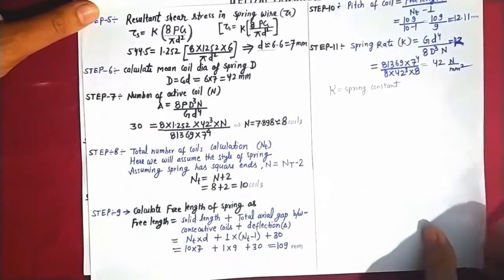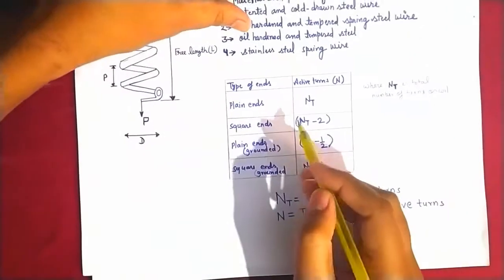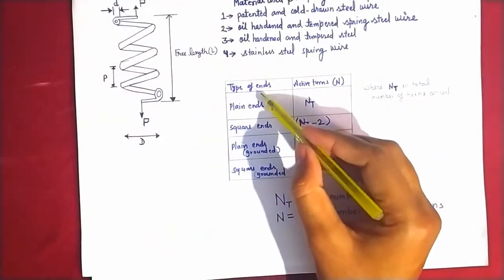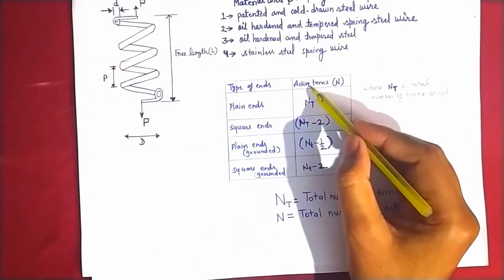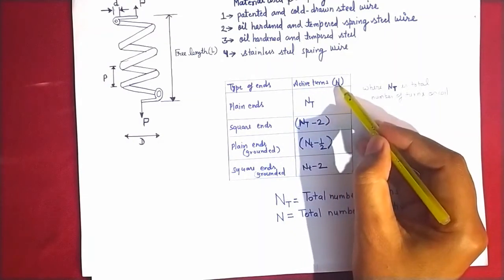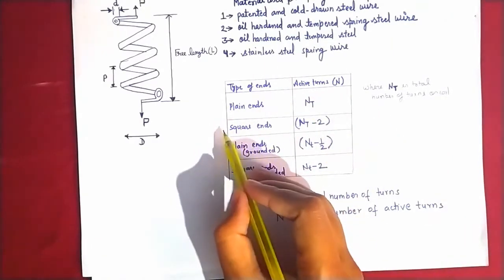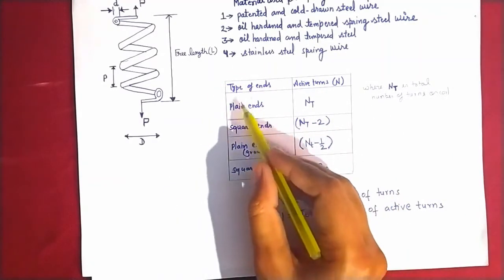Now in step number 8, we will go to the design data book and search for this table. In this table, you can find the various styles of the spring and the total number of active turns in that spring, denoted by N. You can choose any style of end.